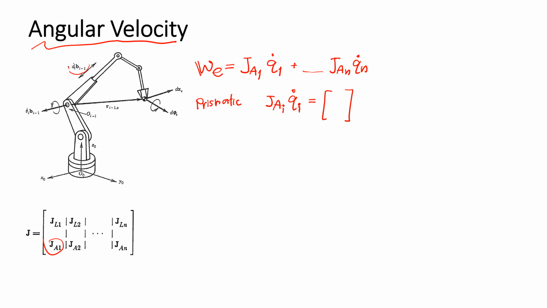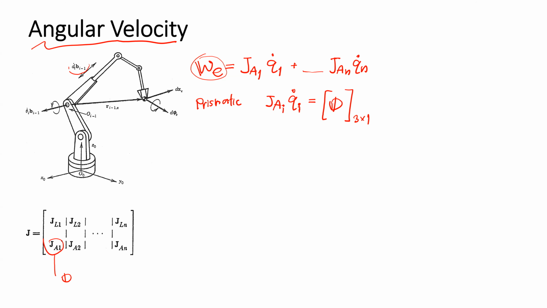The prismatic joint does not rotate things, and it doesn't change any component in the omega vector at the endpoint. So for prismatic, it's a zero vector. The Jacobian of the prismatic here will be a zero vector.